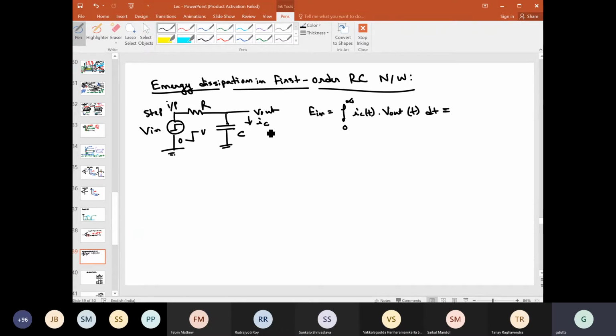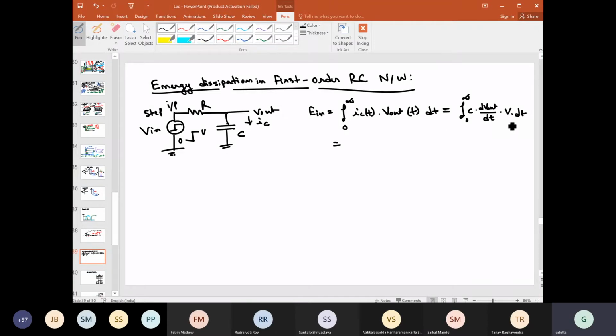What is the current through a capacitor? That can be written as C dV out by dt. And what will V out finally be? When the time is infinite, it is V.